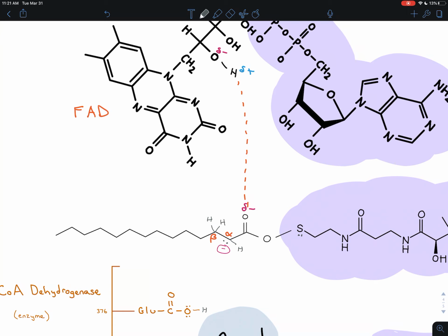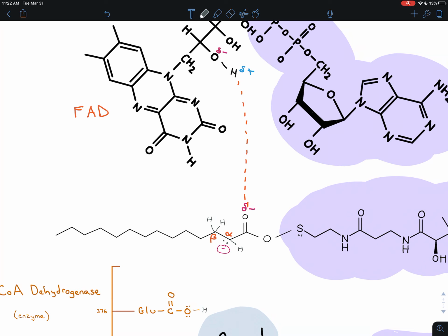It has 4 bonds already. Something has to leave in order to allow this lone pair to move in and form a pi bond between the alpha and beta carbons. And that's what FAD is going to be doing. It's going to be removing one of these hydrogens, letting one of those hydrogens be a leaving group. And when that leaving group leaves, you have the room on that carbon to make the pi bond.